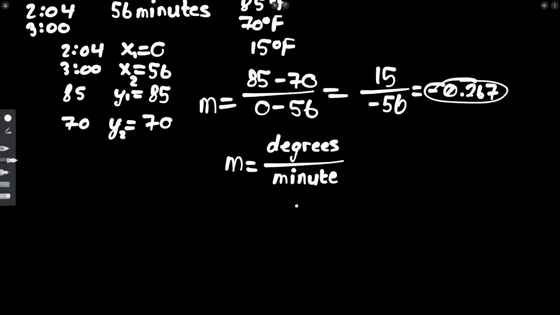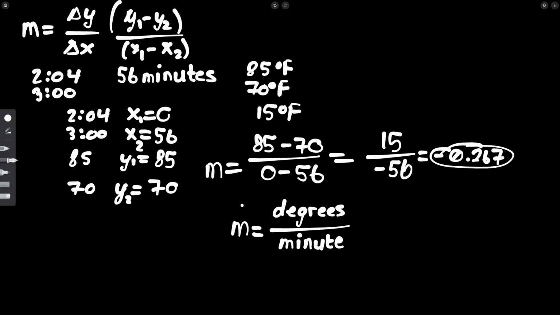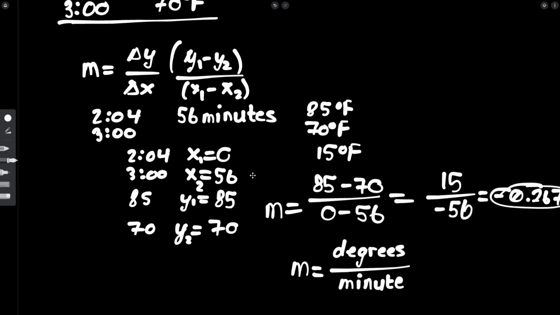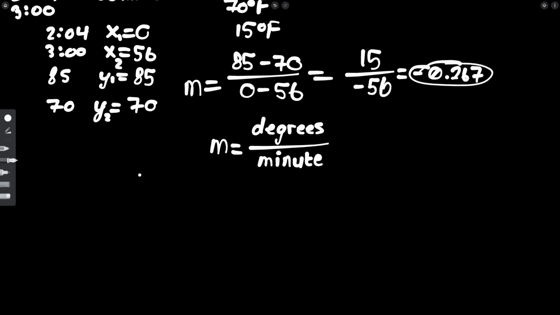So now we can use this knowledge to find what the temperature must be at 2:15. The difference here between 2:04 and 2:15 is, let's see here, 11 minutes.